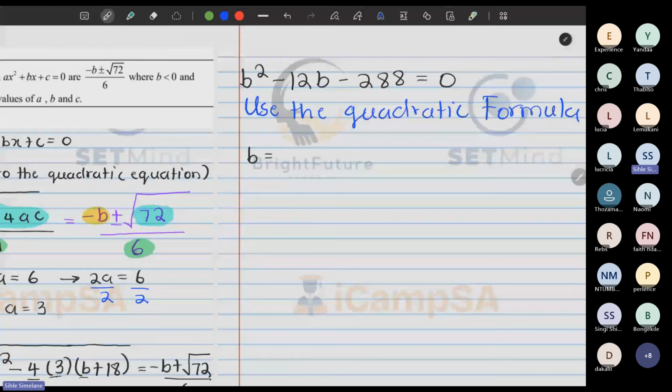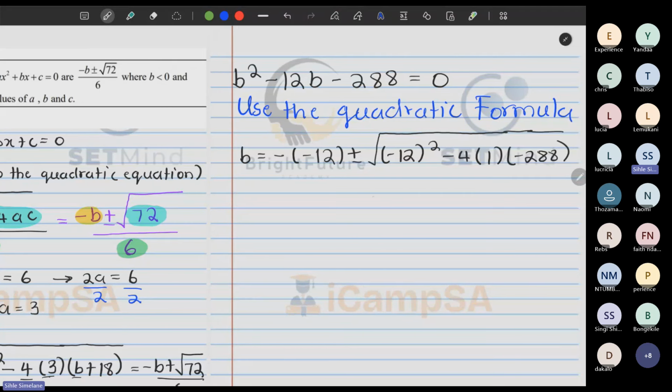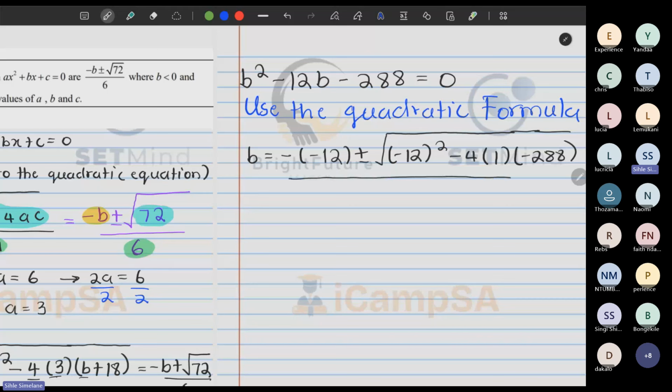So it will be b equals negative, negative 12, then plus or minus the square root of, just give me a second to finish before you give me the answer. 4 times a, our a is 1, our c is minus 288. And then all of this is divided by 2 times a, which is 1.